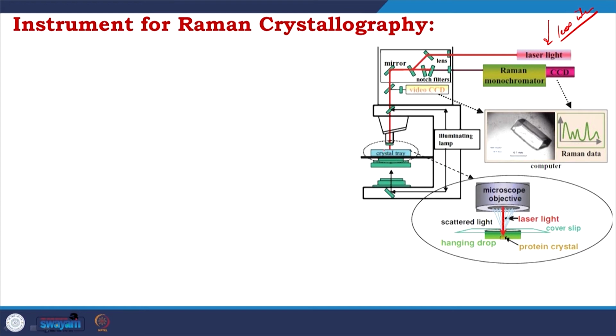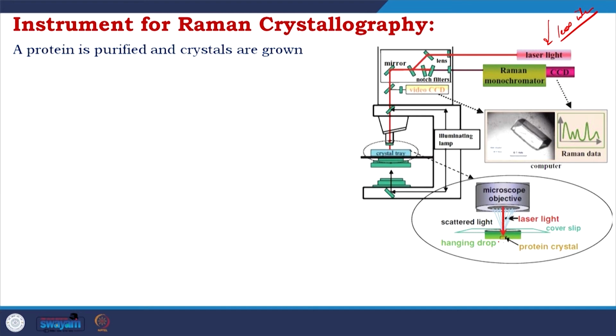Also, the crystal you have, you could see the position of the crystal and you could control it. Just like you see the microscope objective, you have the crystal here, the scattered light is coming, the laser light, here is the cover slip and this is the protein crystal.